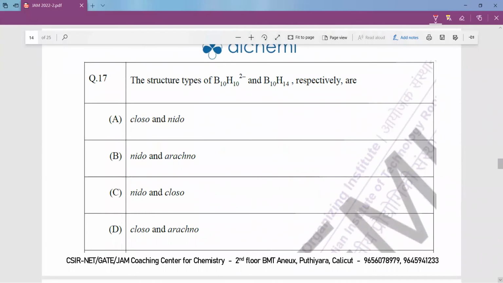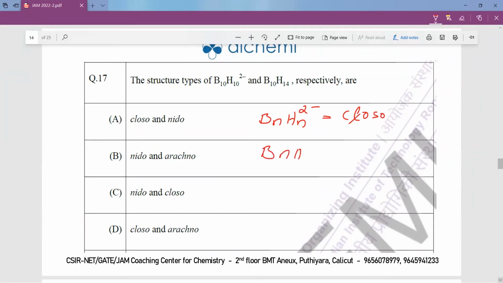Question number 17. Structural types of B10H10 2 minus and B10H14 respectively are. It's all about boranes. For boranes, we should know these things. BnHn 2 minus is closo.